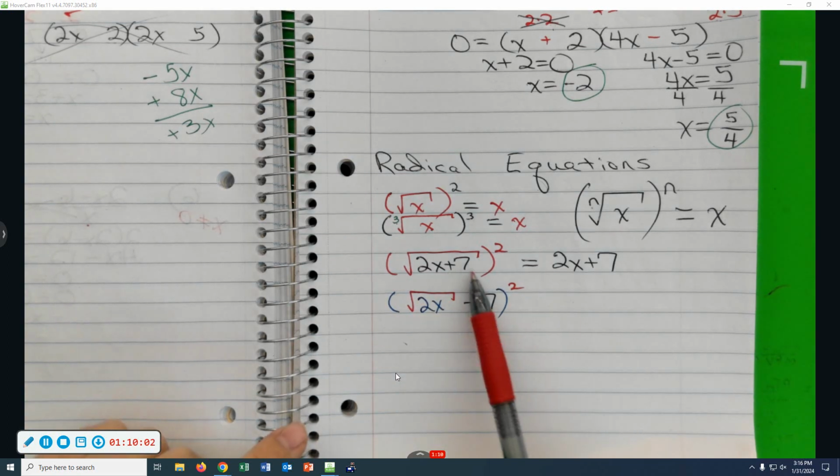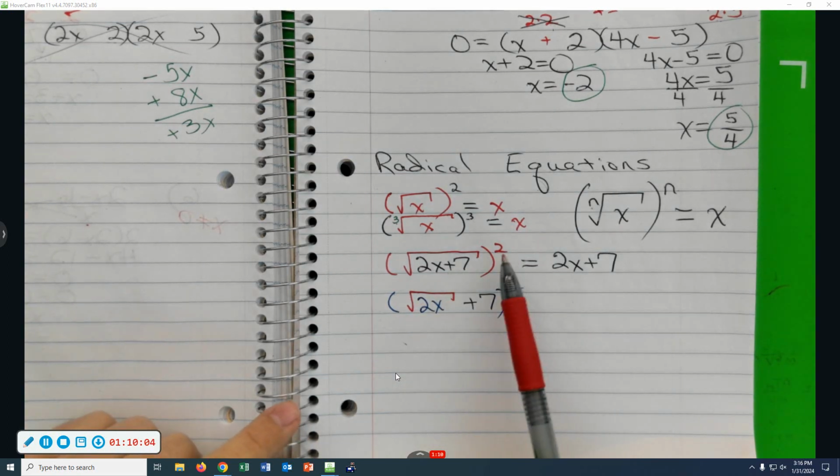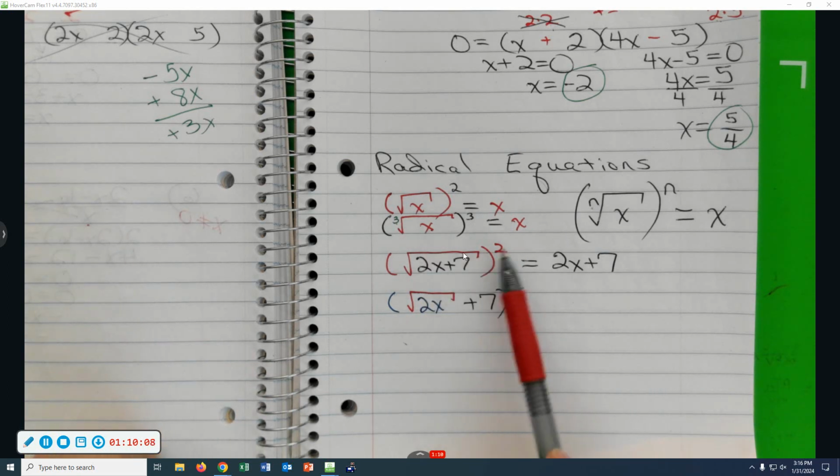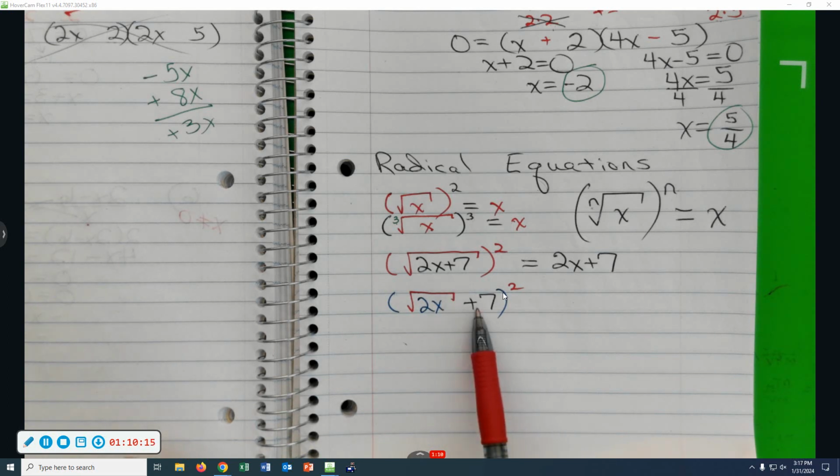As long as everything is under the radical, that square will cancel out that square root. They're performed consecutively, they cancel each other out. Suppose the plus 7 had not been under the square root. At that point, we have a sum being squared.